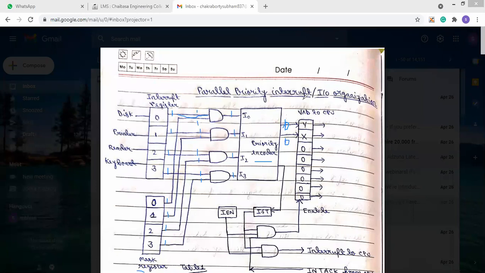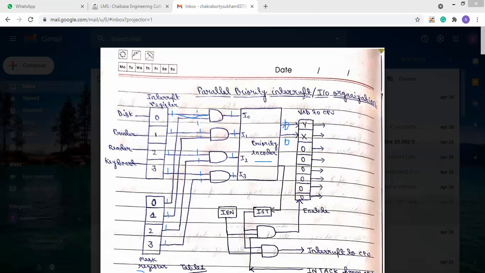So these 1s will go as input to an AND gate, and their AND operation will be performed. The desired output will be generated, and this output will go as an input to the priority encoder, and from the priority encoder the output will be generated, and we can get the address of the interrupt service routine.